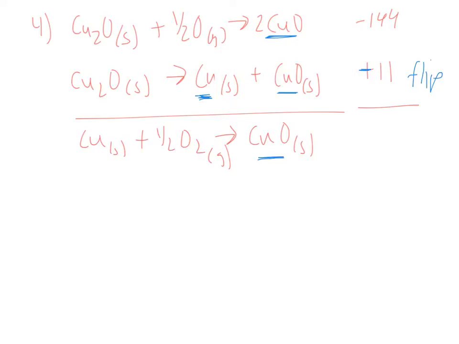So it's going to become a negative 11. And when I flip it, that means my Cu2O is going to cancel out. So I actually just leave letter A. So leaving A and flipping B means I'm going to have negative 144 plus a negative 11. So that corresponds with answer C.